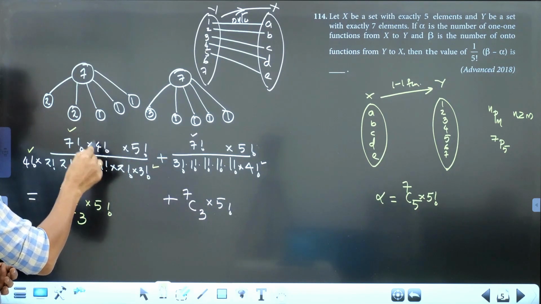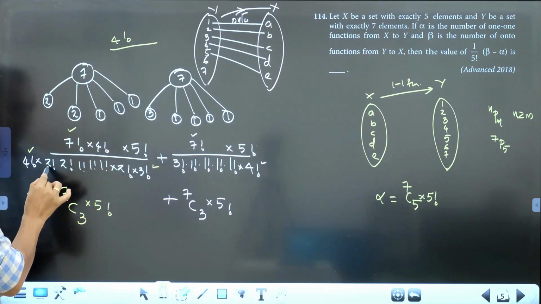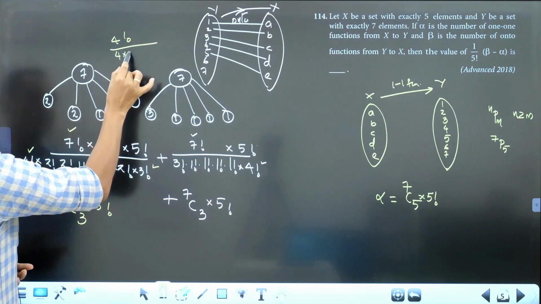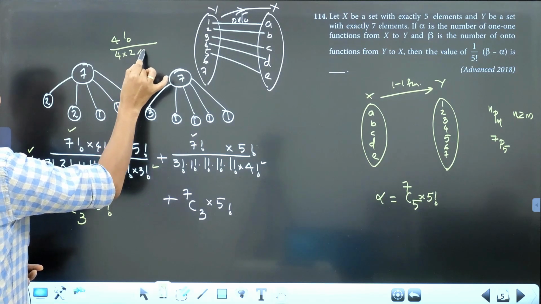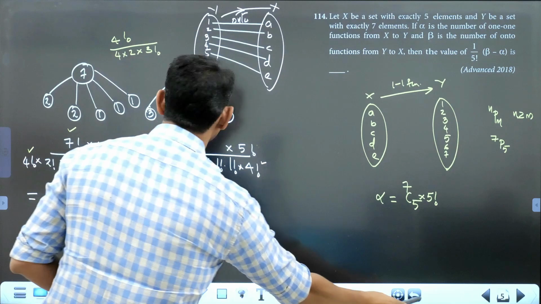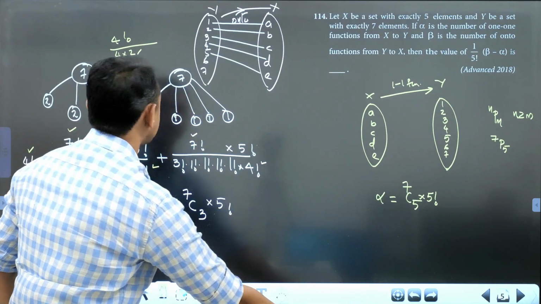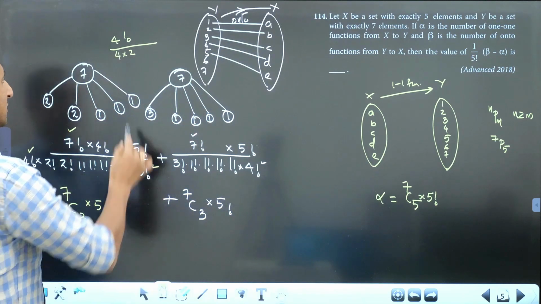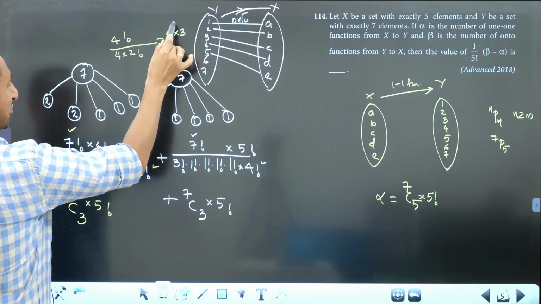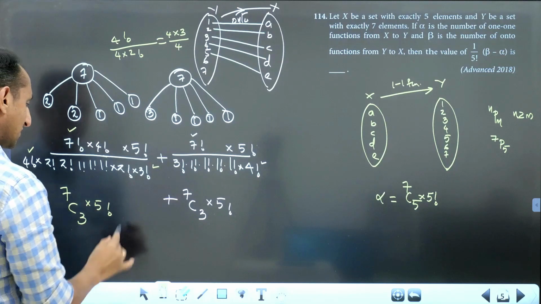There is a 4 factorial in the numerator and 2 factorial into 3 factorial, so 4 into 3 into 2 factorial cancelled by 4. 4 are cancelled, so into 3 here.